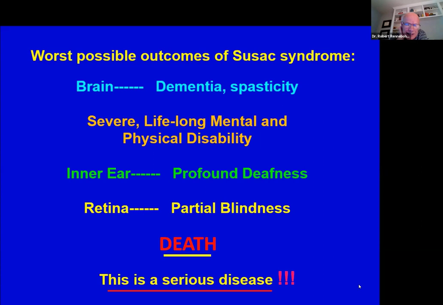I've been aware of at least 6 patients who have died from Susac syndrome, all because of overwhelming, severe, diffuse microvascular disease in their brain. So this is, or certainly can be, a very serious disease, especially in its most severe form.